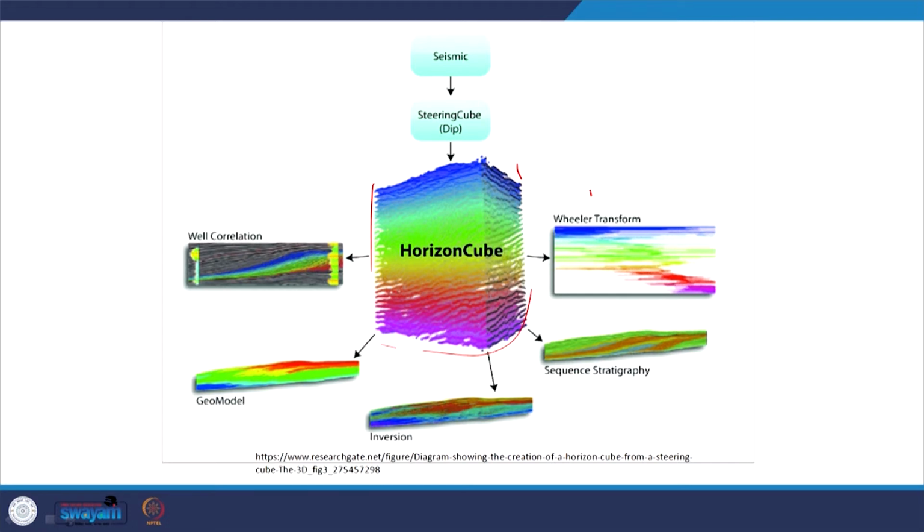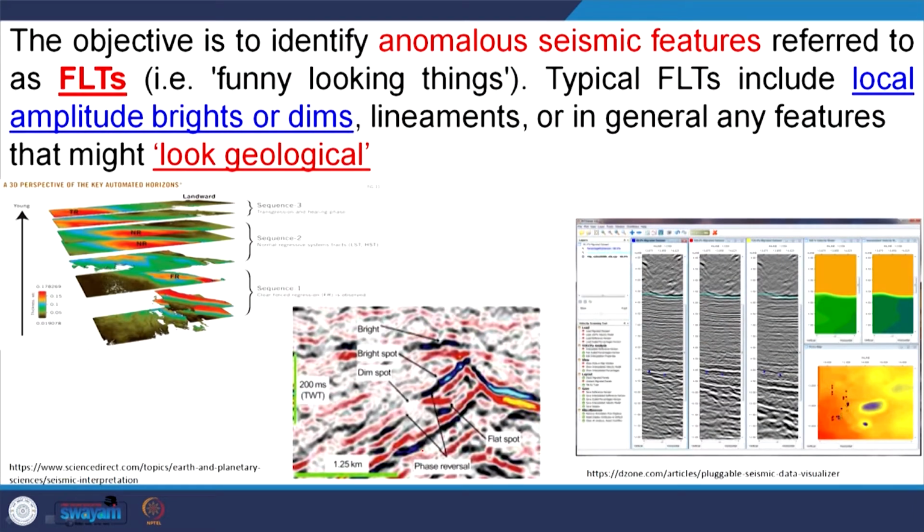First there are geophysical processes like processing and transformation, then sequence stratigraphic information, then inversion, then the geomodel, that is well correlations. That means different subordinate works are involved in the interpretation of a seismic cube in a proper manner.